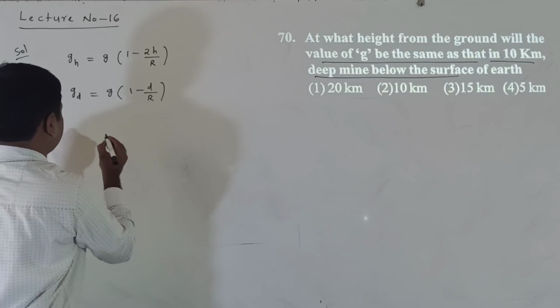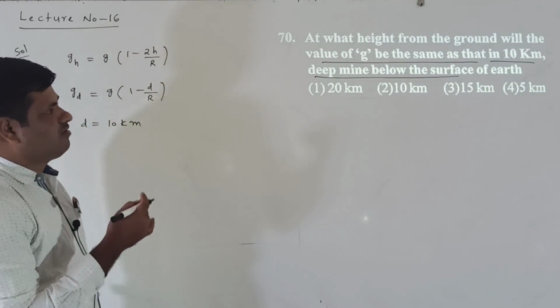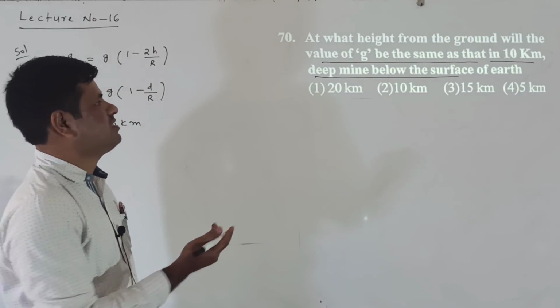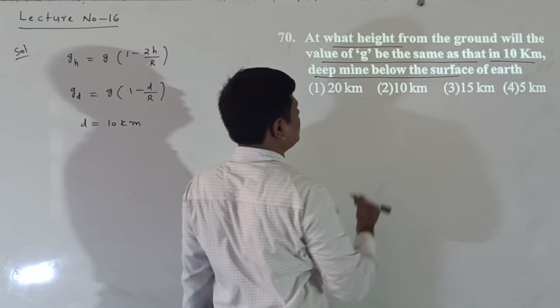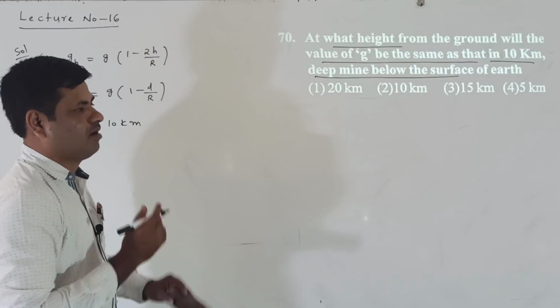So the depth is also given, 10 kilometer. Height is asked. The g value at the height and the g value at the depth are the same. That is given in the problem.